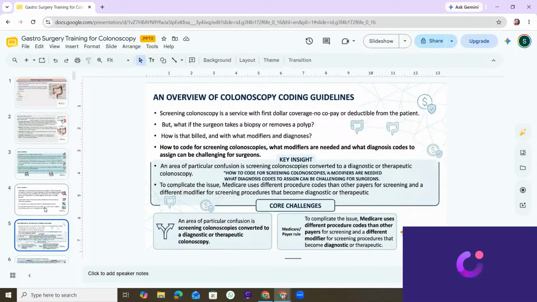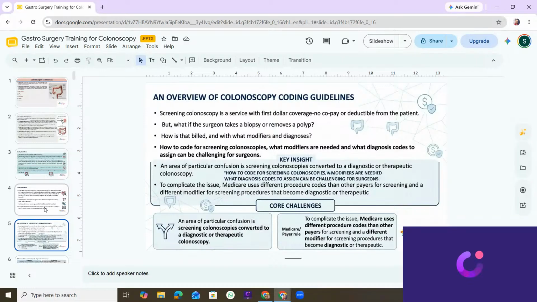How to code the screening colonoscopy, what modifiers are needed, and what diagnosis codes are to be assigned when the surgeon changes things? These kinds of questions generally come up when you are doing gastro coding. You will see the answers to all these questions in this video, so you'll be able to answer those things.